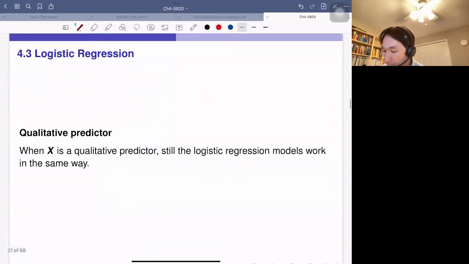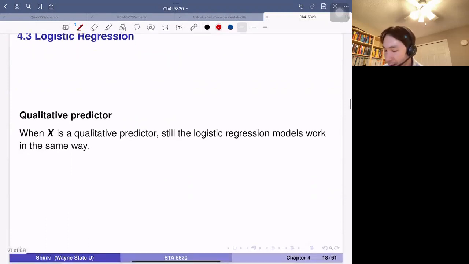Okay, so next one is the qualitative predictor. It's slightly easier to understand what's happening. Suppose X is a qualitative predictor, for example, whether a person is a student or not, or the blood type of the person, or the occupation as a categorical variable.